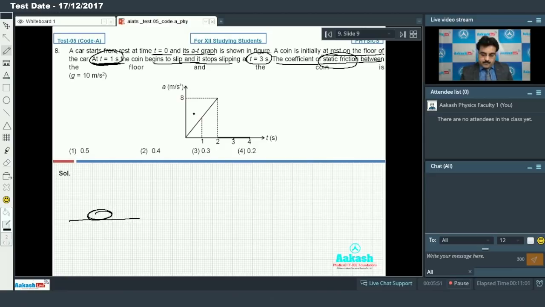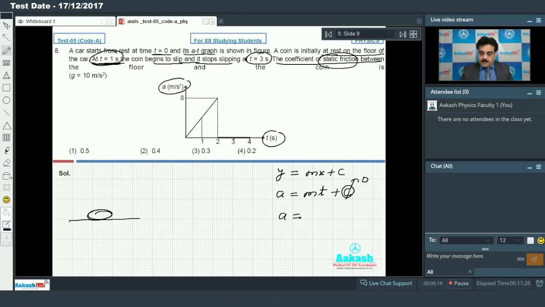First I am going to the given graph, AT graph. So if I use the equation of straight line mx plus c, y can be replaced by acceleration, m, and x is replaced by time t plus c. But as per the diagram, the value of c is 0.